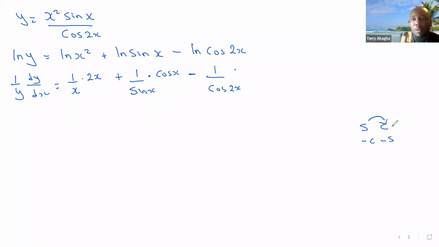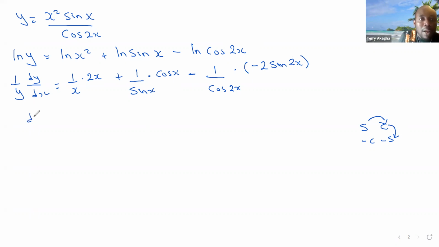Remember, if you go from cosine, it's going to give you minus sine. So this is going to give you minus 2. Does that make sense? Because if you differentiate cosine, it's going to give you minus 2 sine 2x. Is that making sense? All right. So minus 2 sine 2x.